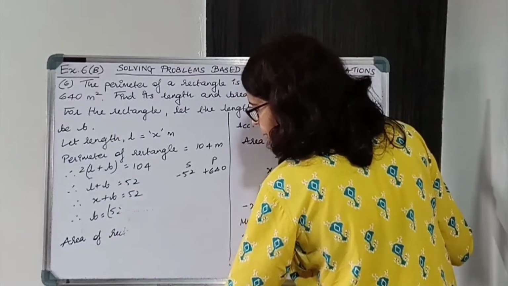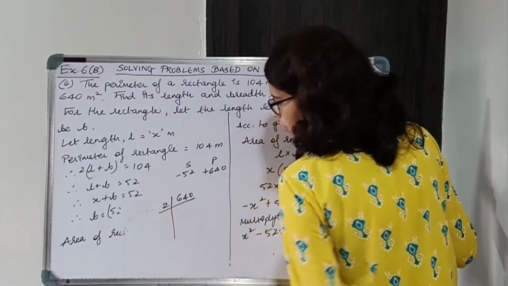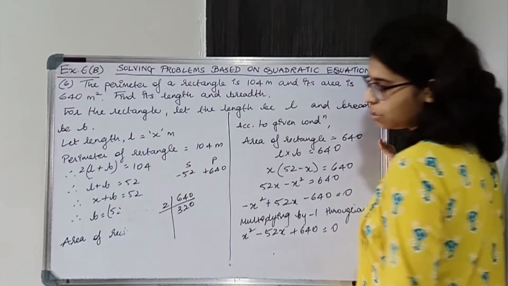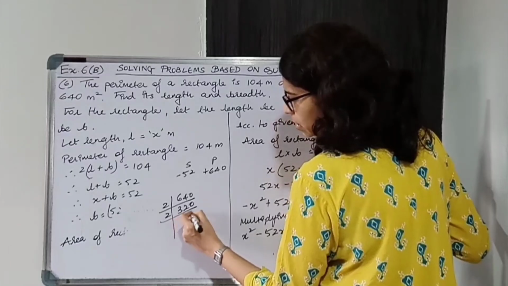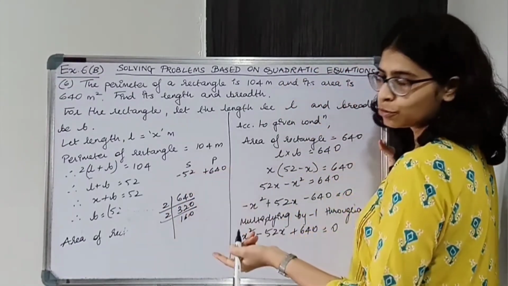So 2 and 320, sum is not going to give you 52.